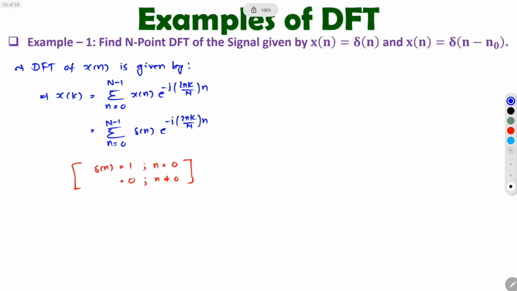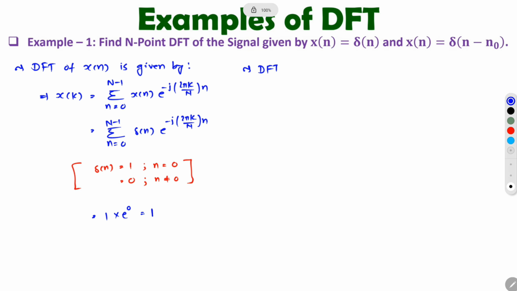So here we have value 1 for delta n if n equals 0. In that situation, e to the power 0 will be there, and that will be 1 only, right?